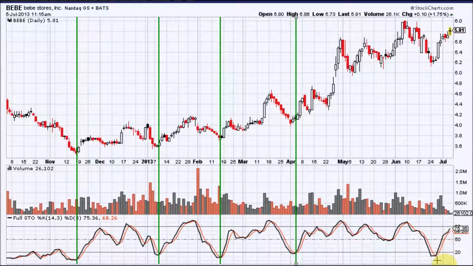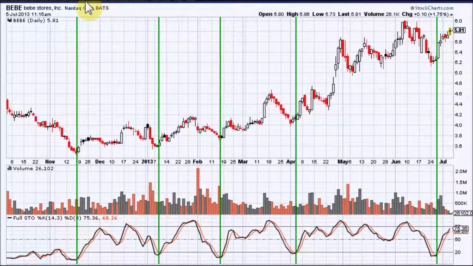The last time it happens on this chart is after a pretty serious pullback from about $6 down to $5.20. The stock became very oversold. It was under 20. The black line crossed up through the signal line and the stock went up.